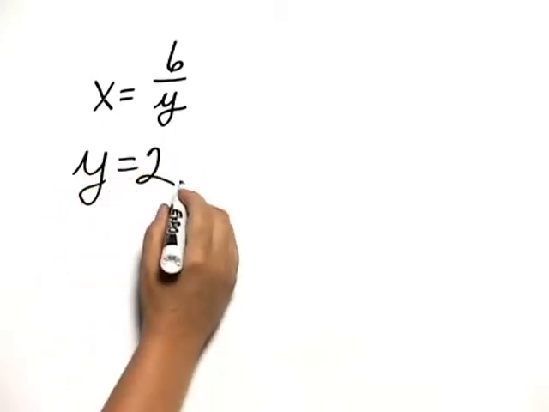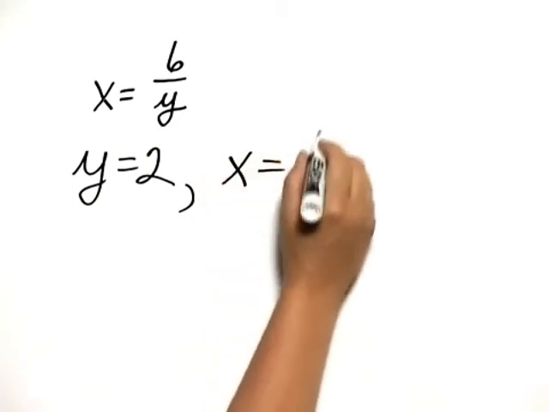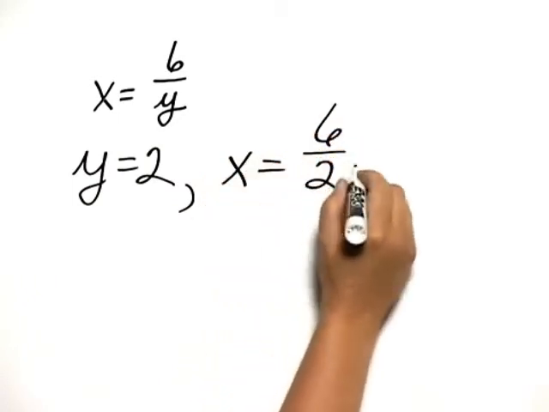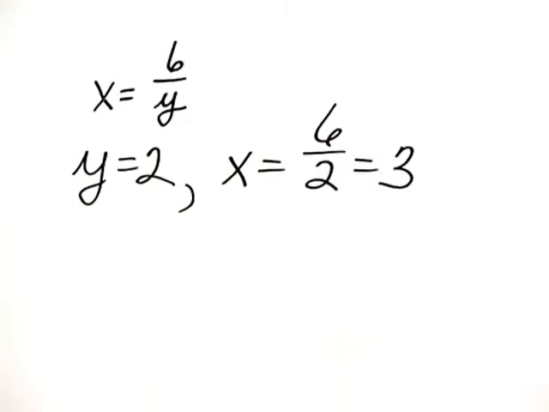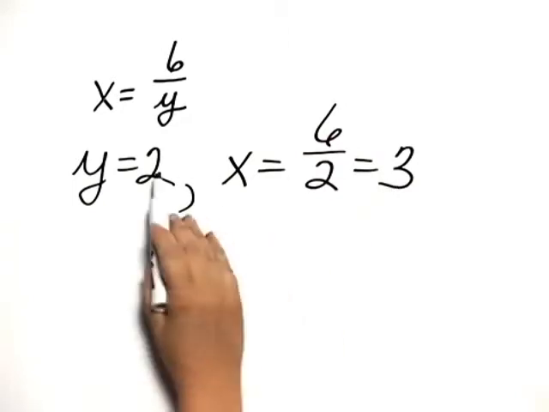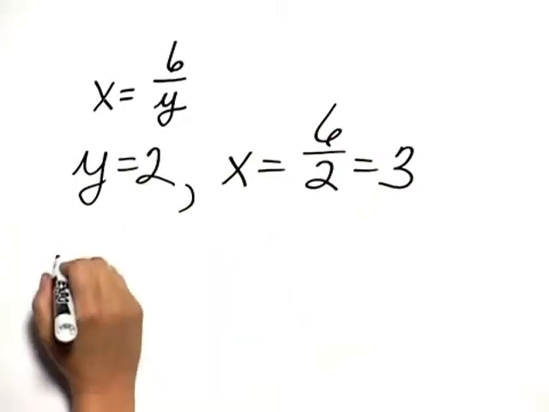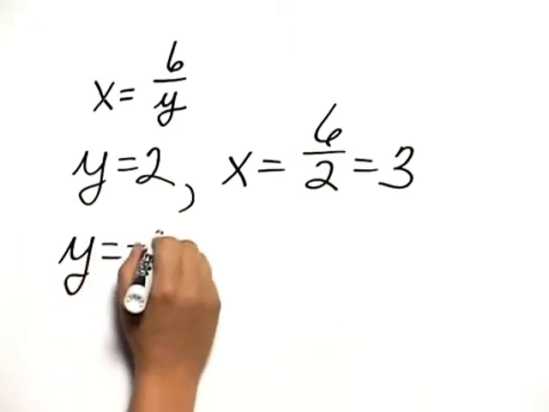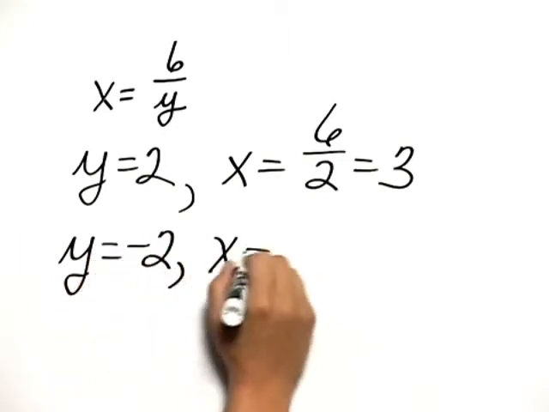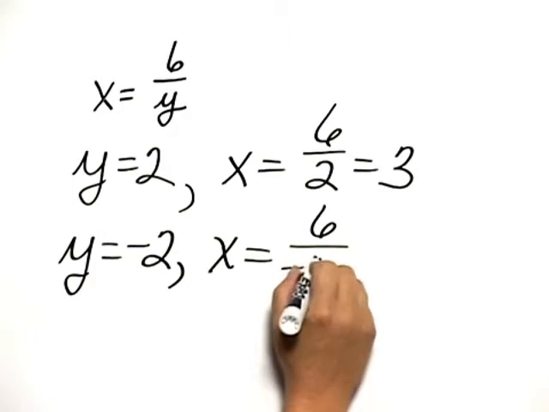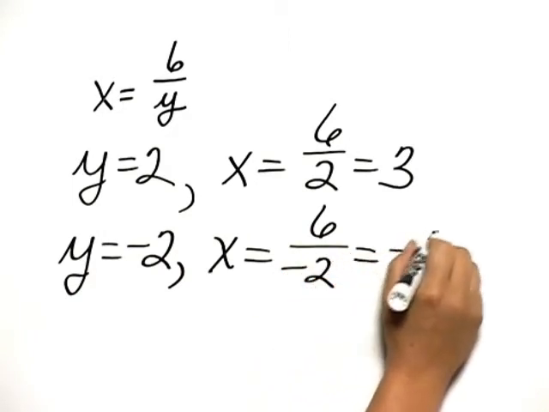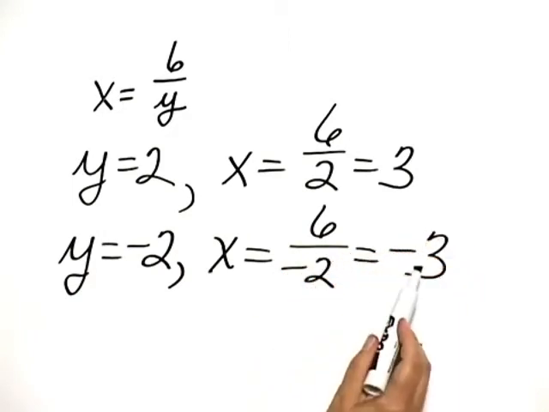When y is 2, x is 6 over 2, or 3. So we have the ordered pair 3, 2. When y is negative 2, x is 6 over negative 2, or negative 3. And that gives us the ordered pair negative 3, negative 2.